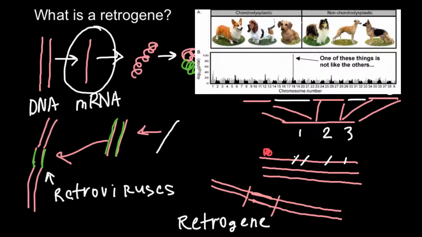It actually regulates another gene called FGFR3, and the gene leads to very short limbs.